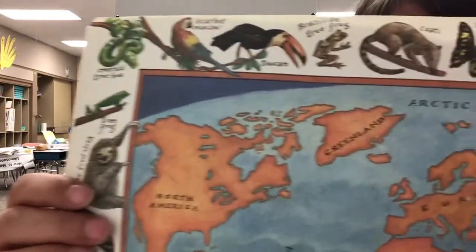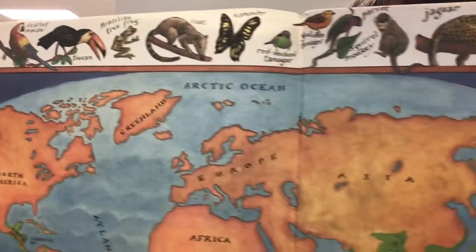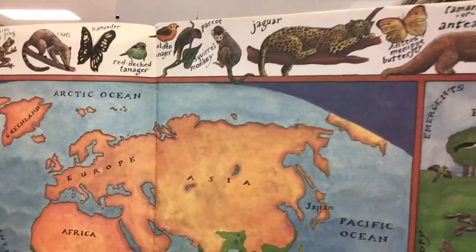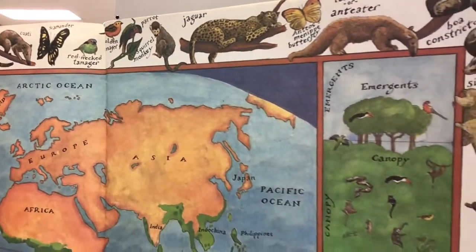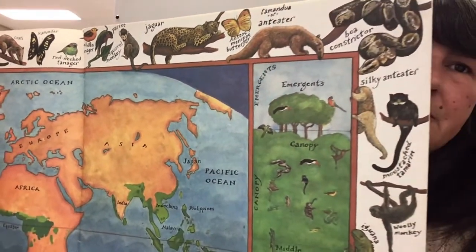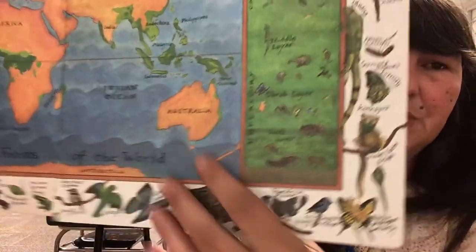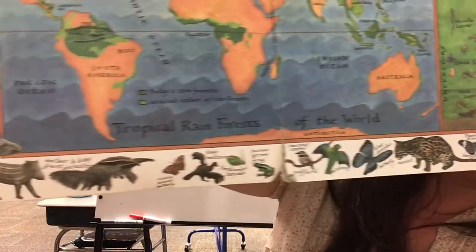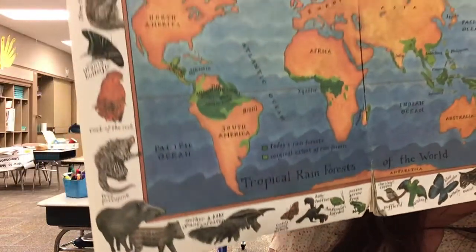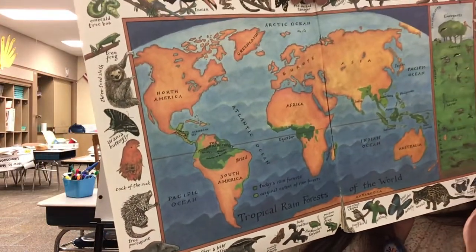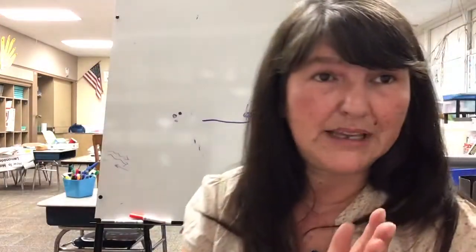It shows a bunch of animals, I won't read them all, that rely on the rainforests for their homes. That's all around the edge, many insects. It's kind of amazing how many animals and plants live in the rainforest.